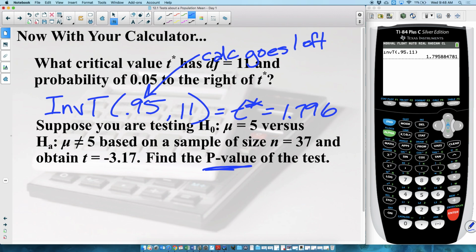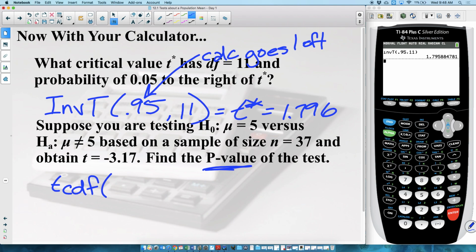Do I use inverse t again? No. tcdf, yeah. tcdf from negative 3.17 to 3.17.